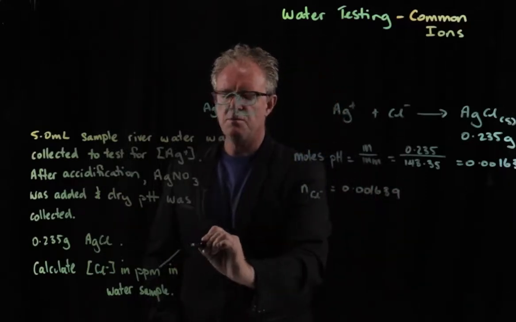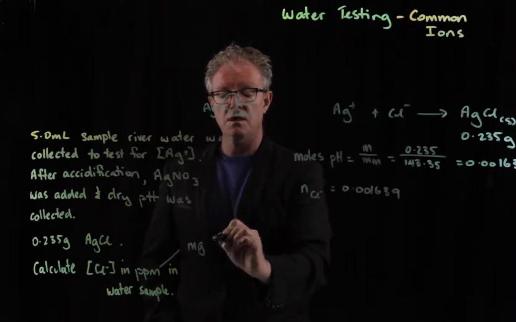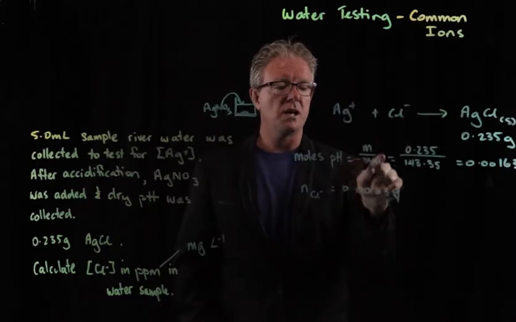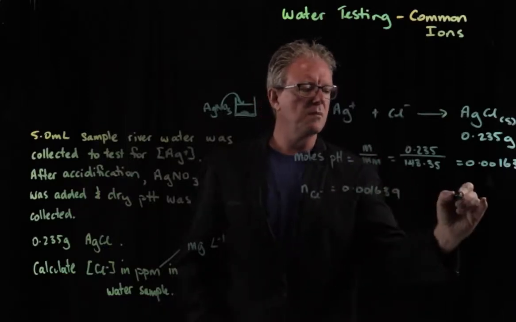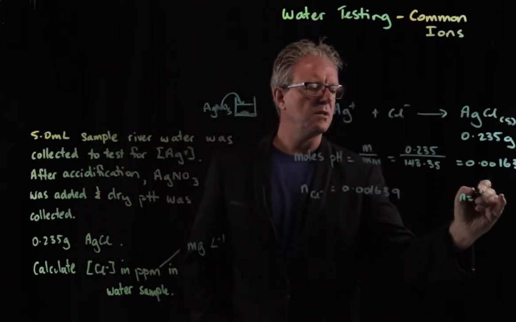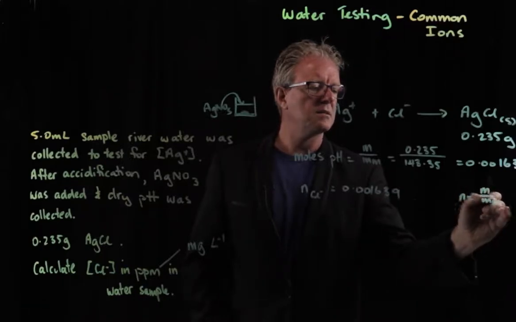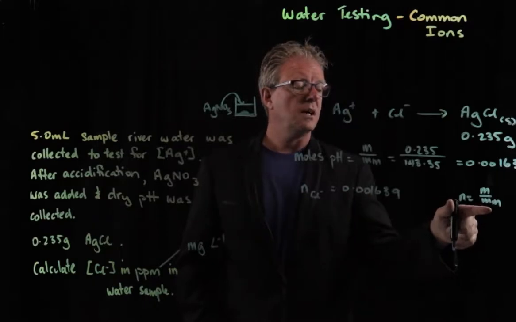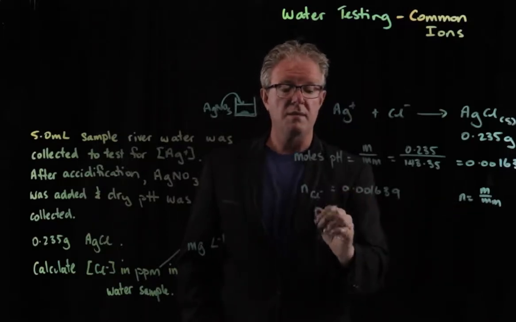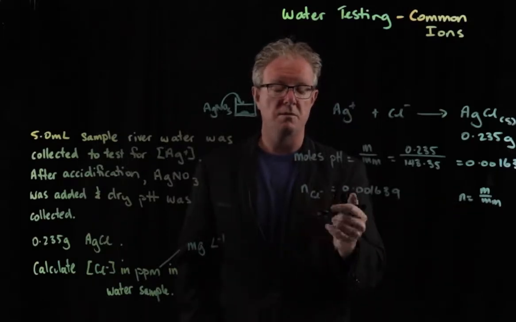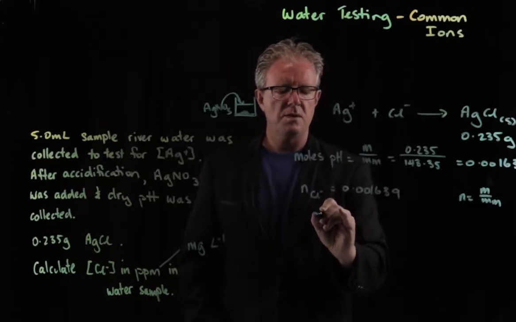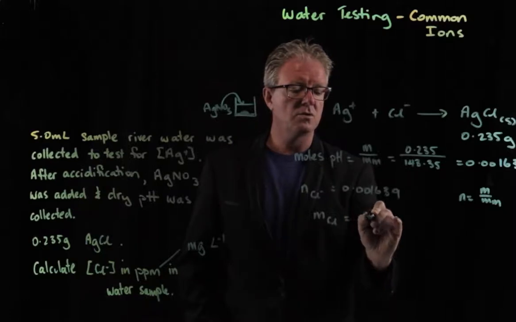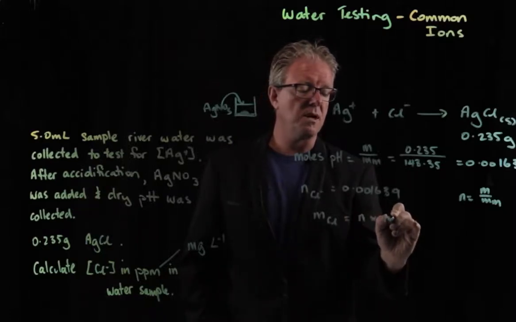Now we want to make this into parts per million. So the thing with parts per million, we need to understand and remember it's milligrams per litre. So we've got to convert this into a mass. So we use our relationship here. Number of moles is equal to the mass over molecular mass. And so therefore, if I want to convert number of moles into mass, I've just got to times it by its molecular mass. Well, in this case, it's the relative atomic mass of chlorine. So the mass of chlorine is the number of moles times its relative atomic mass.